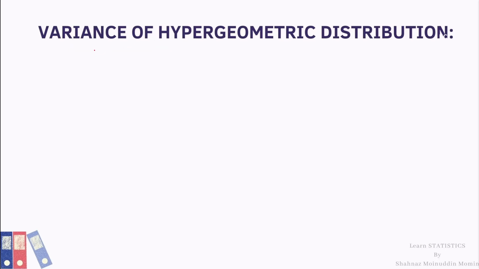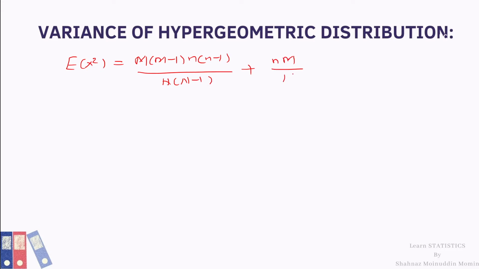Hence, expectation x square is equal to m minus 1, n minus 1 divided by capital N minus 1 plus nm by n. This is the equation 2, expected of x square.